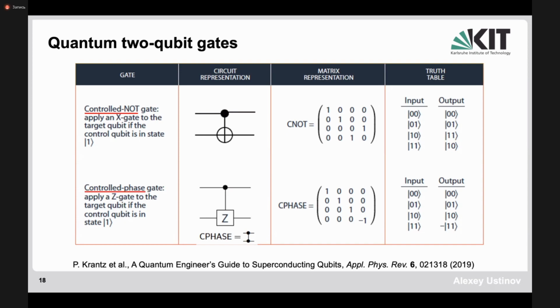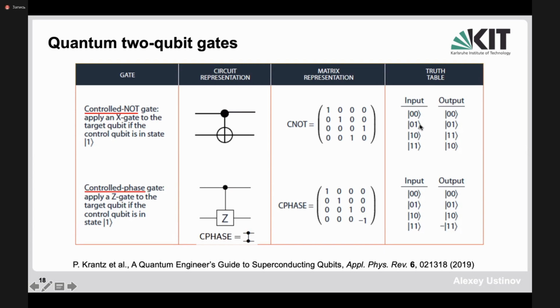So back to the 2 qubit gates. The most popular and celebrated 2 qubit gate is the CNOT gate. It is a very simple gate, which we already discussed in one of the first lectures. It makes the target qubit rotate if the control qubit is in the state 1. If you start from 0, 0, it's 0, 0, because the control qubit is in the state 0.